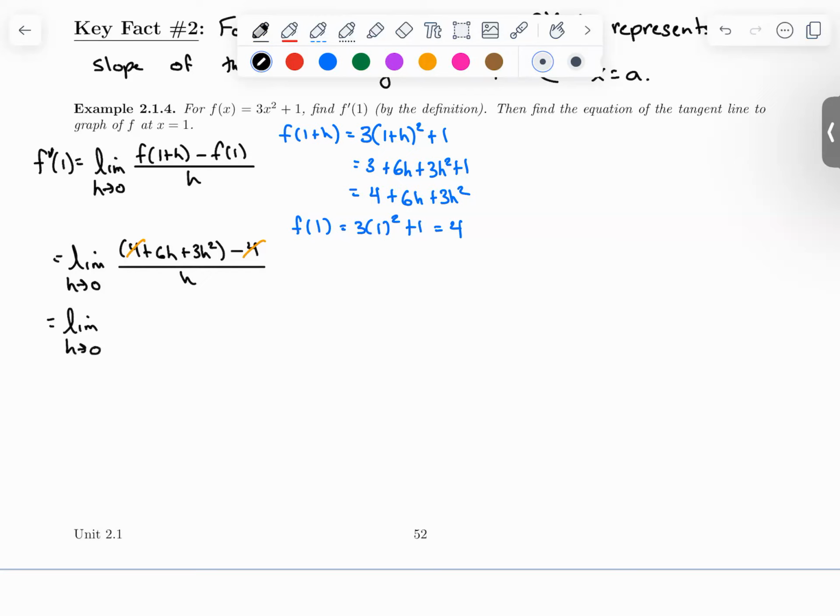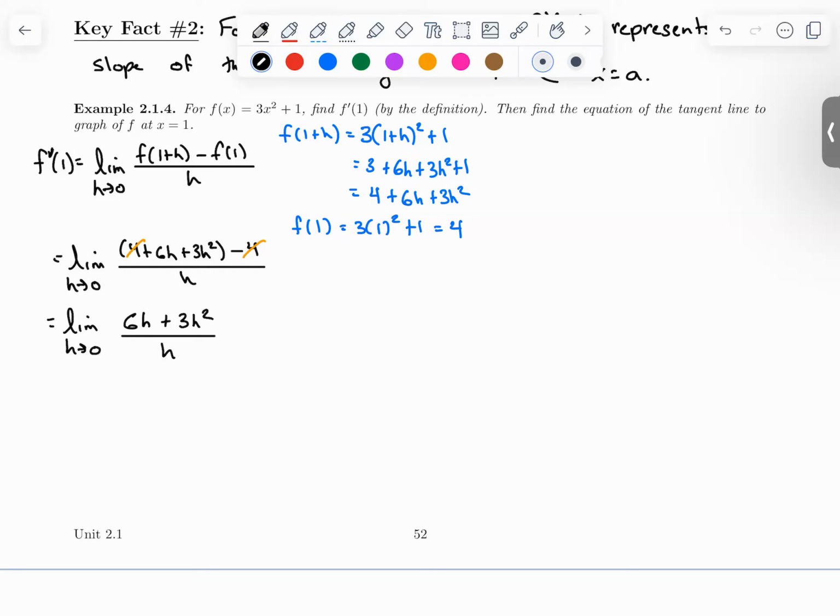And if you want to skip algebra, you be my guest, but this becomes 6h plus 3h squared all over h. But as a reminder, we cannot cancel the h's currently because in the numerator, the h's are parts of terms, whereas in the denominator, the h is a factor. And we can only cancel factors. We can't cancel terms vertically.